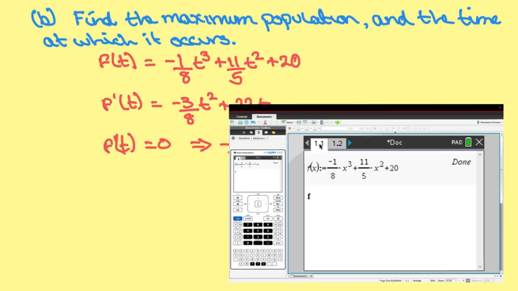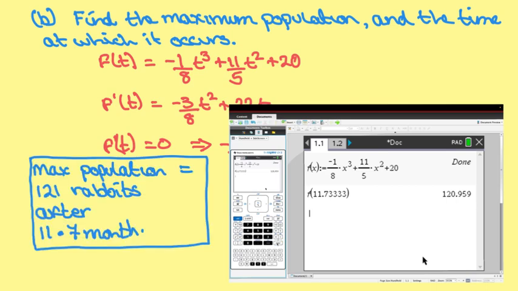So if I now type in f of 11.7333, press enter, I get 120.959. So the maximum population is equal to 121 rabbits, and it occurs after 11.7 months.